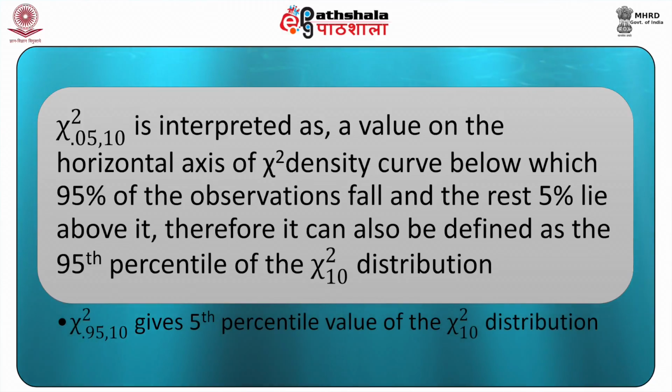Therefore, it can also be defined as the 95th percentile of the chi-square 10 distribution. Chi-square 10 means the chi-square distribution for 10 degrees of freedom. Similarly, chi-square 0.95 comma 10 gives the 5th percentile value of the chi-square 10 distribution.